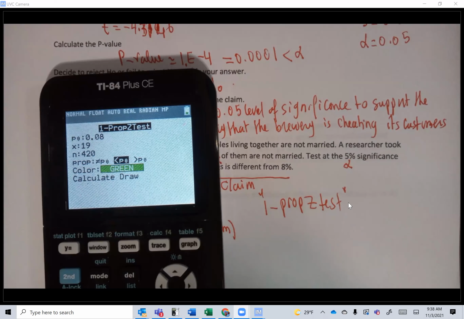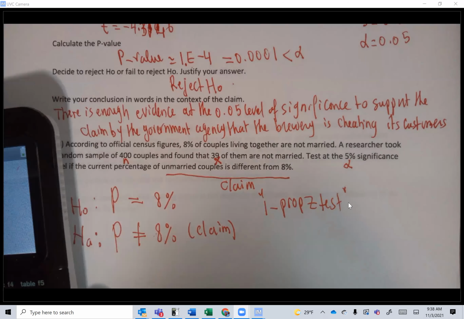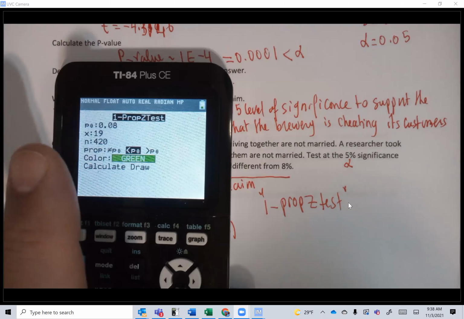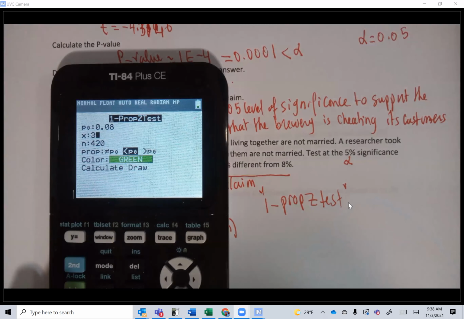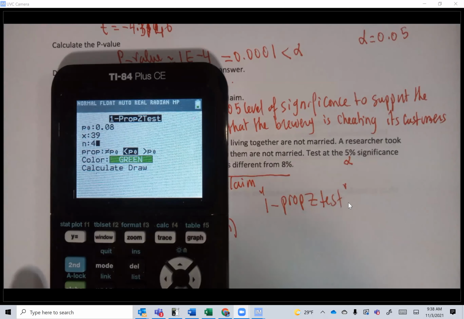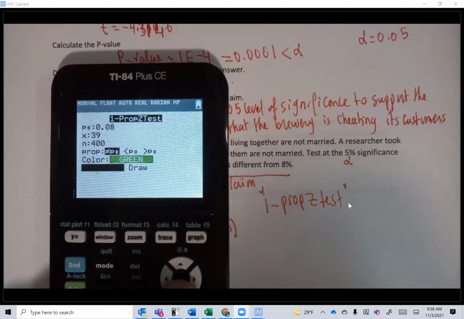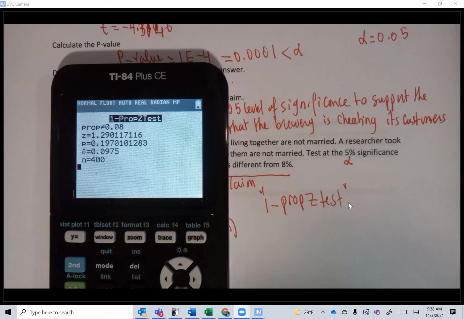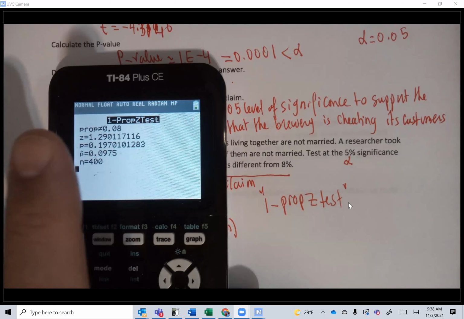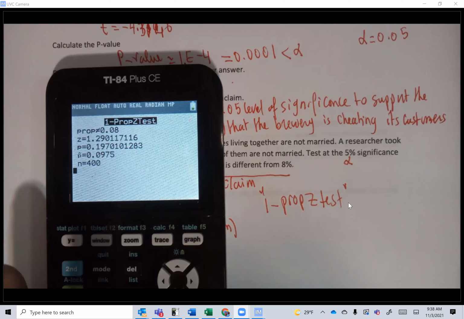X, guys, is 39 out of 400. And look, I'm choosing not equal here. Okay, guys, calculate. And here's Z, and here's the p-value. So Z is 1.29.